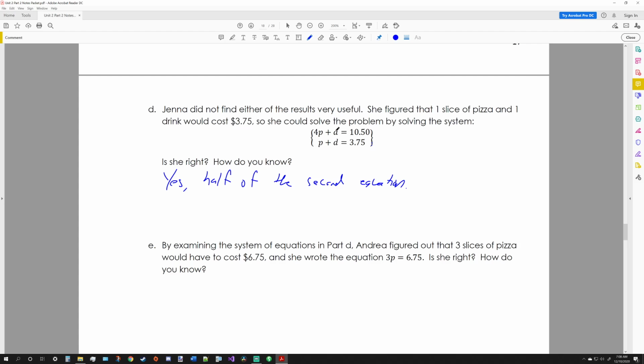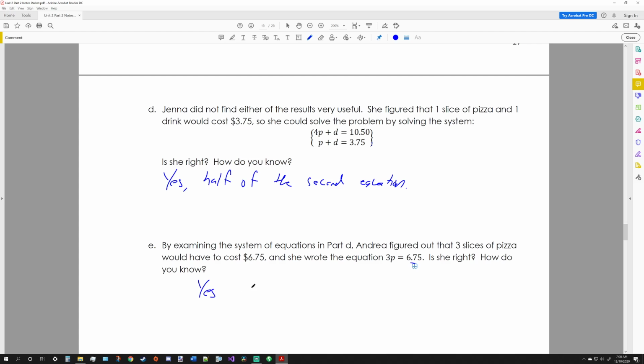Because both of these have 1 drink in them, then the real difference in this equation is that the first one has 3 extra slices of pizza, right? And how much extra money did that first one cost? $6.75. And so yes, this is correct.